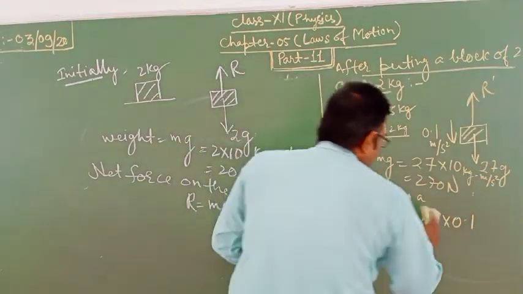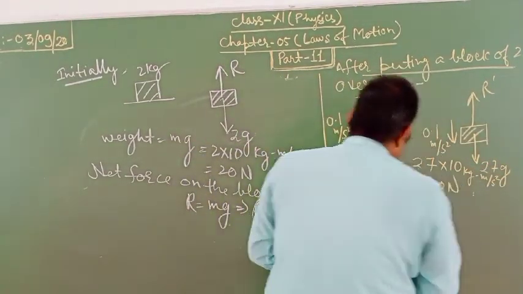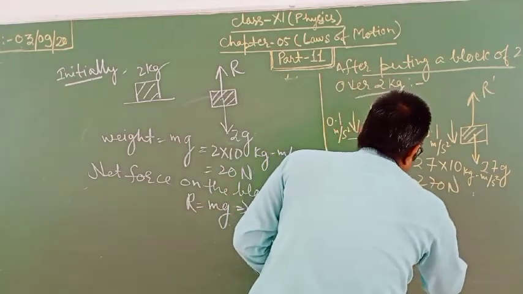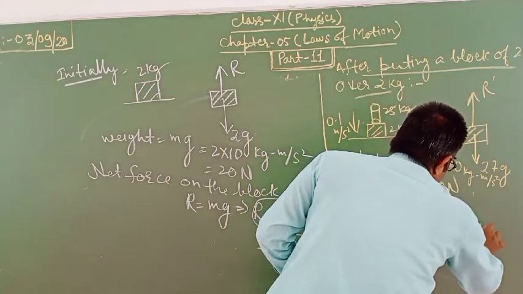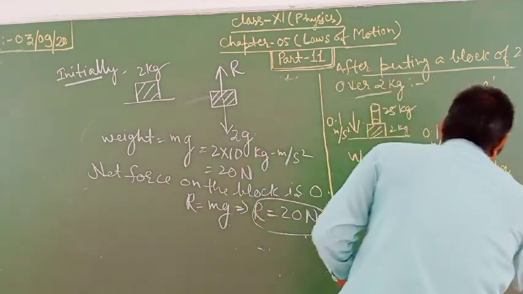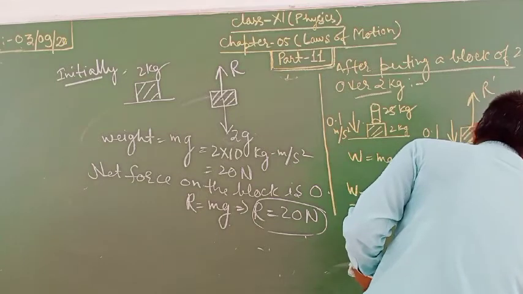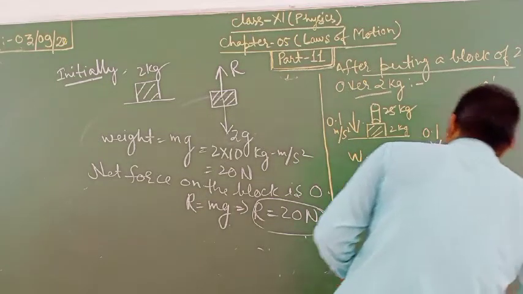If it is not clear, you can write the mass as 25 plus 2 kg into 0.1 meter per second square.